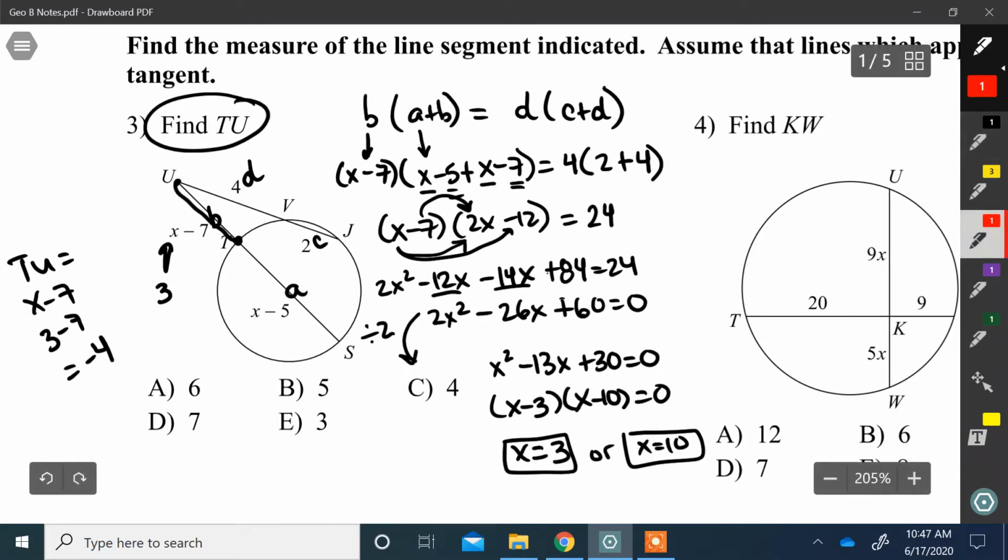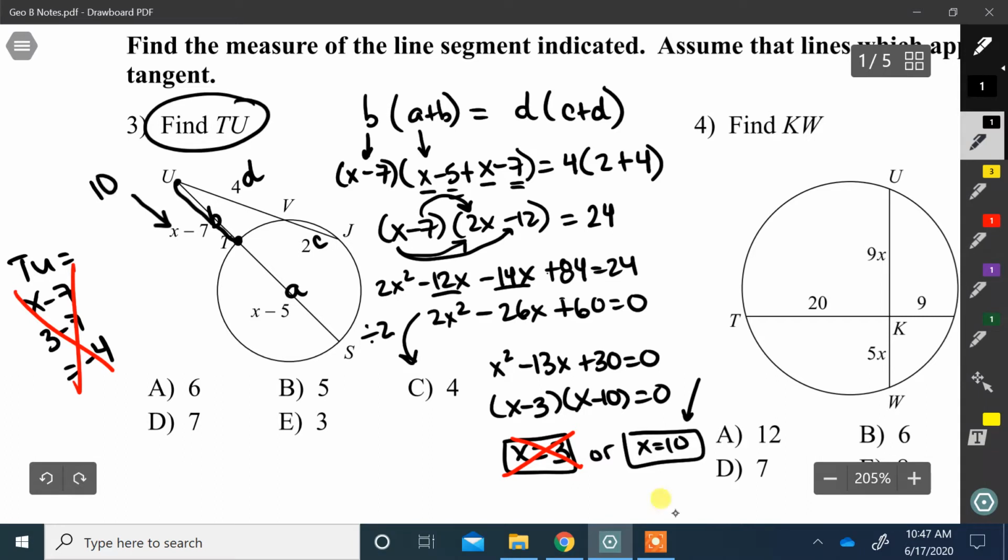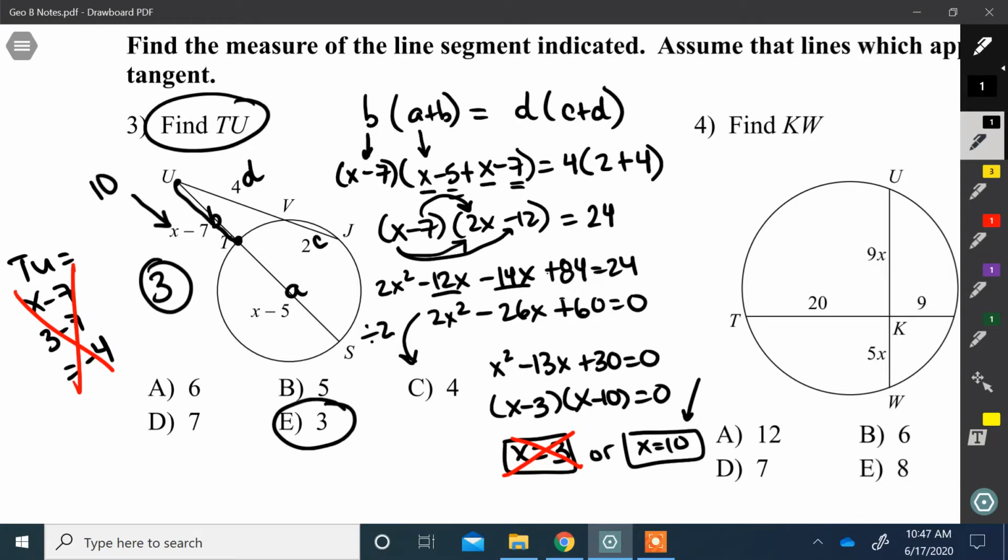So that answer for 3 does not work, because 3 minus 7 is going to give you negative 4, and that does not work. So we're going to try my other answer here, x is equal to 10. When I plug in my 10 into there, you're going to see that 10 minus 7 definitely does work. So my answer must be E.